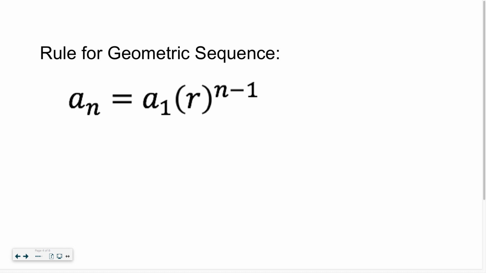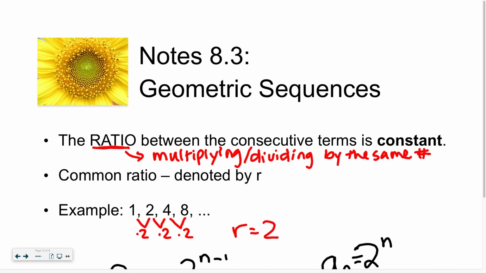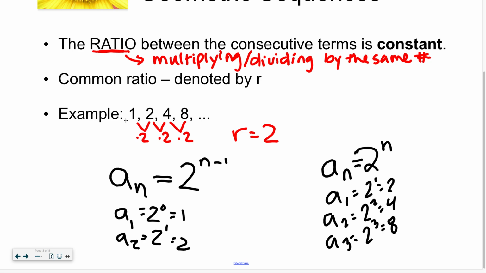Now, I'm going to flip back really quickly to Caitlin's rule, because I think hers doesn't look like it has all this stuff, right? Hers was just 2 to the n minus 1, and 2 was our r value, our common ratio. What's the first term of this sequence? 1.